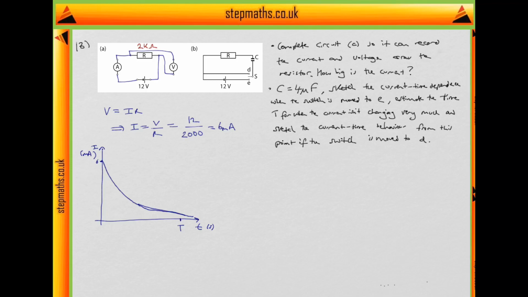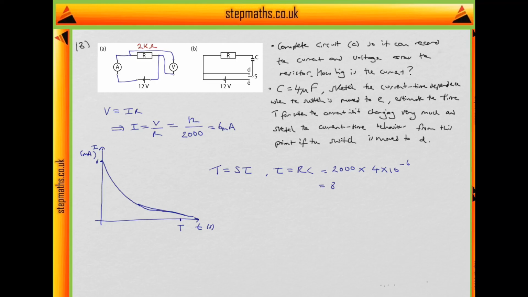Now, a good rule of thumb is that the time T, after which the current doesn't change very much, is approximately equal to 5 tau, where tau is the time constant of the circuit, which is the resistance of the circuit times the capacitance. Well, in that case, we have our resistance is 2000 ohms times the capacitance, which is 4 microfarads, that's 4 times 10 to the minus 6.